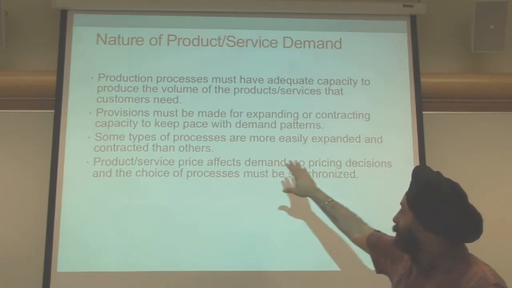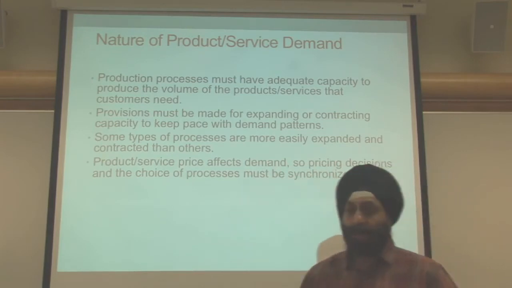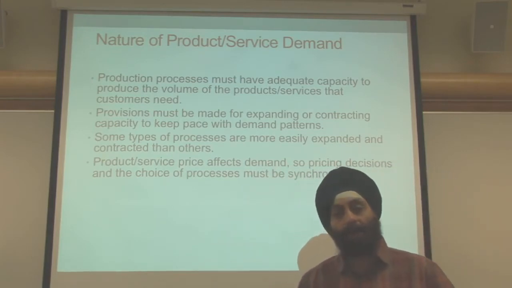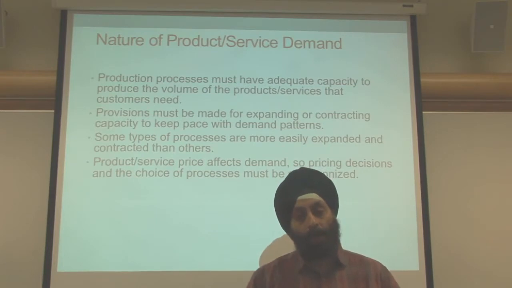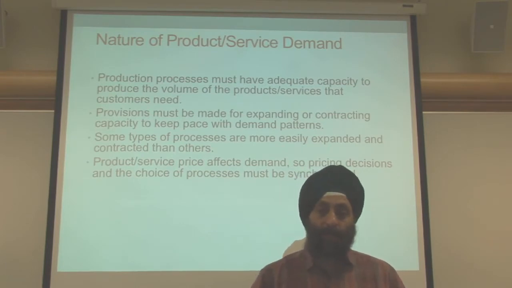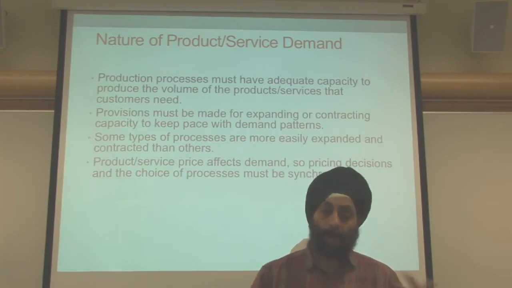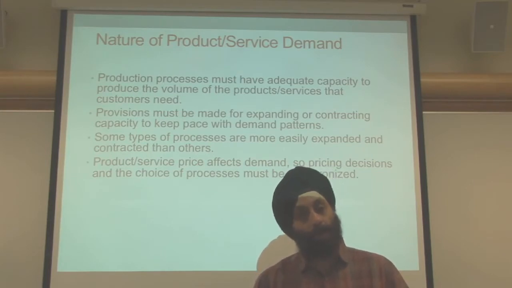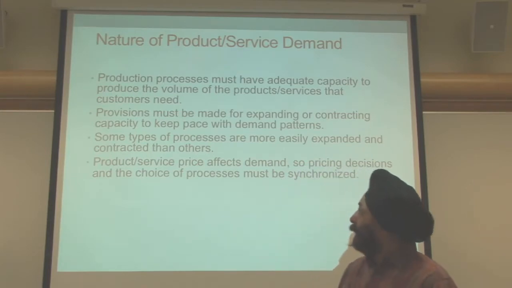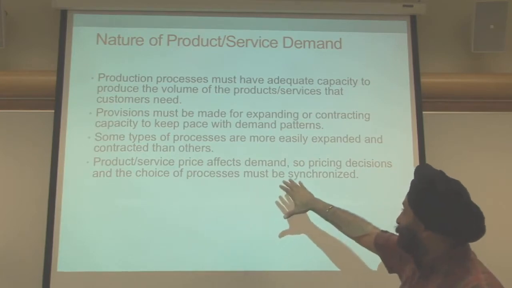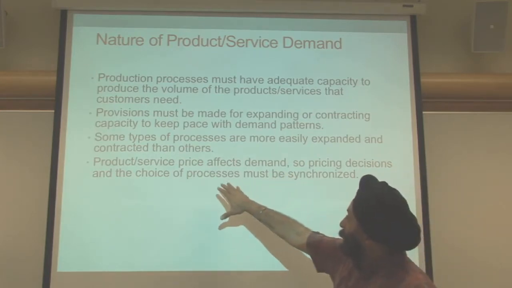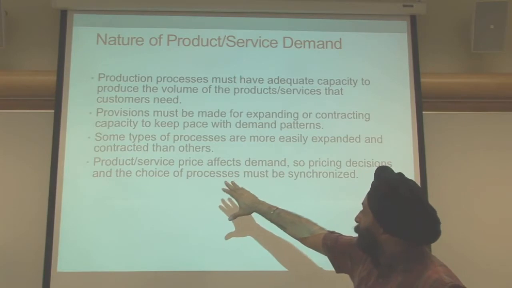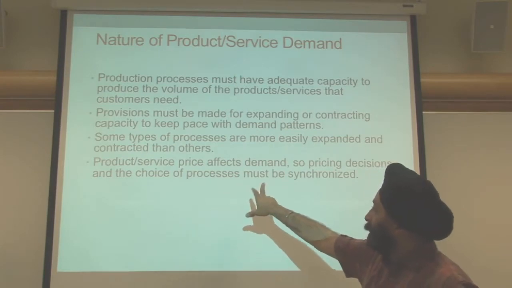Some types of processes are more easily expanded than others. More flexible processes where more human work is involved are easier to expand and ramp up production, as compared to the ones where production is automated, because over there the capital outlay to add capacity is much more. In terms of price, product and service price affects demand.